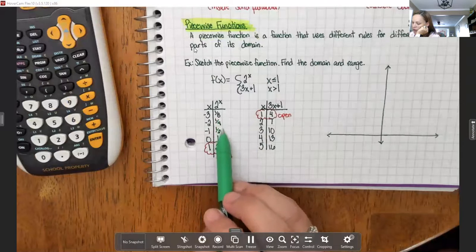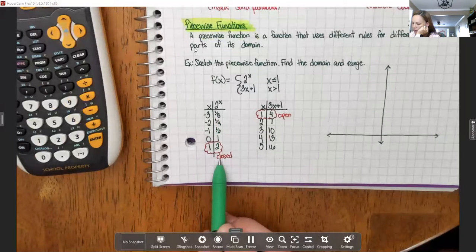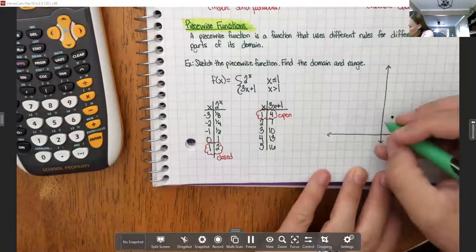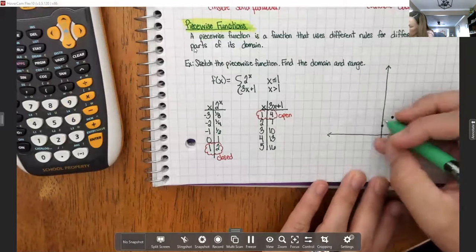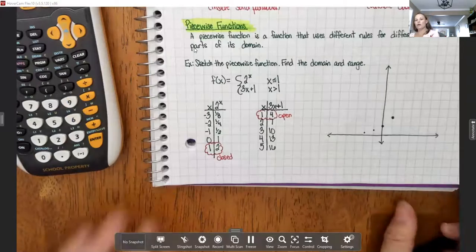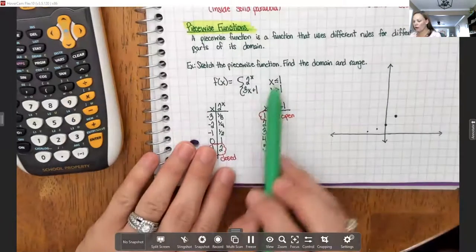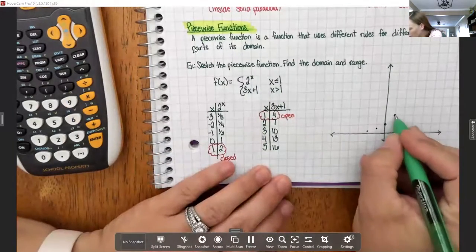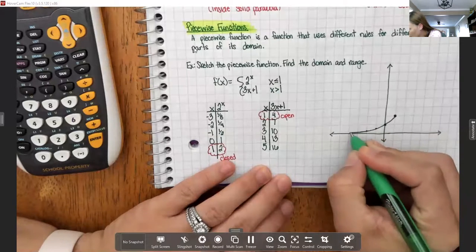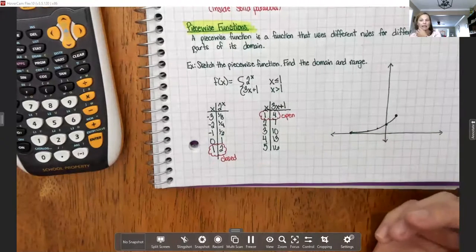So again, I just plot all of these points, and when I get to 1, 2, I know it's a closed circle. 0, 1, negative 1, 1/2. And we know what an exponential looks like, and so we know that this goes like that. And forever it has that asymptote.